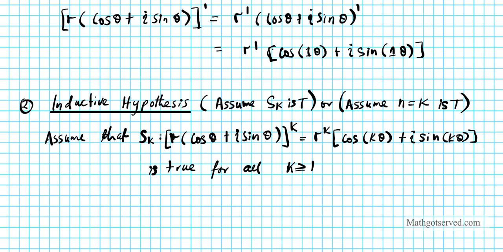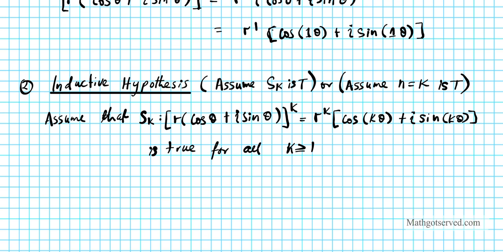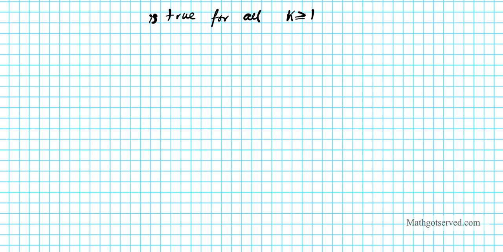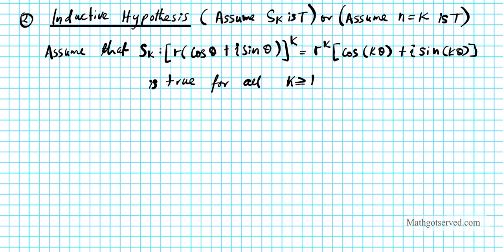All right, now that we have our part 2 down, we're now going to go into the heavy lifting, the inductive step. Now let's write this down. The title of part 3: the inductive step.